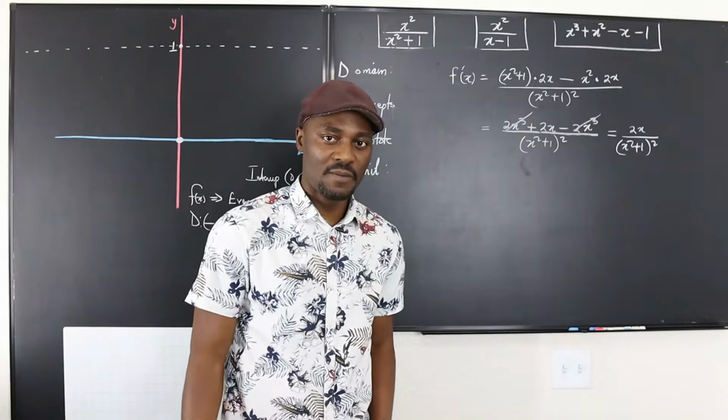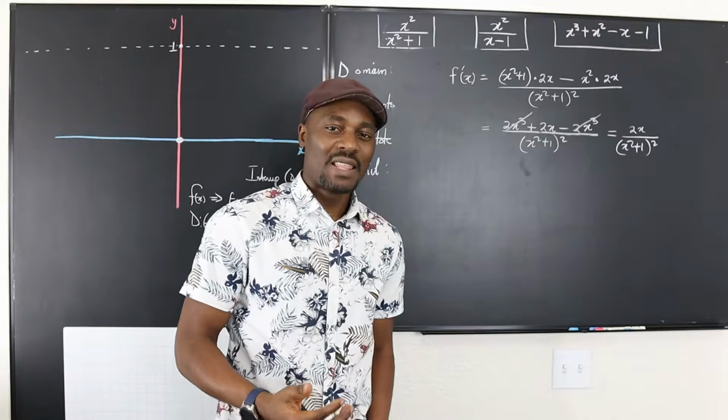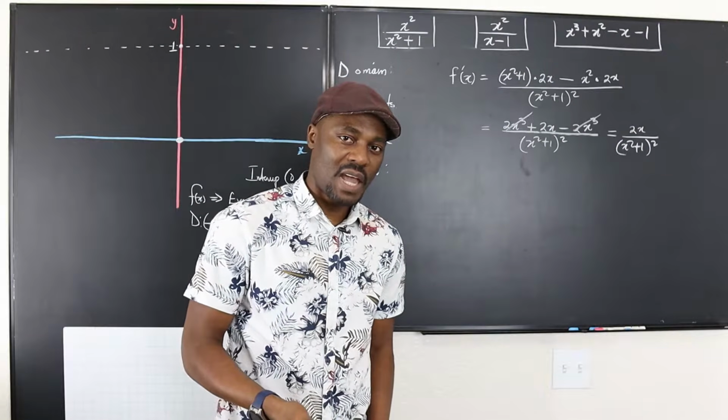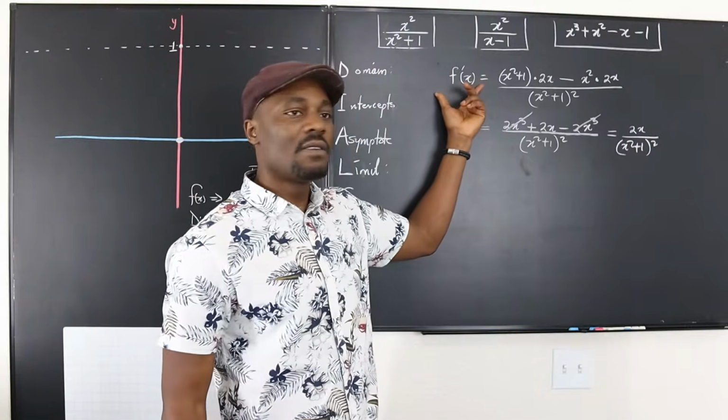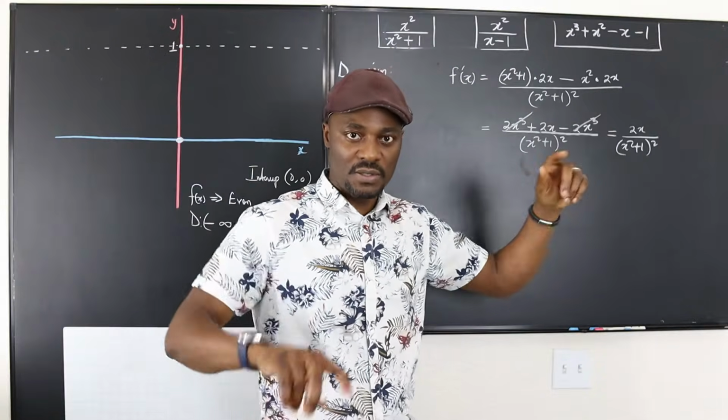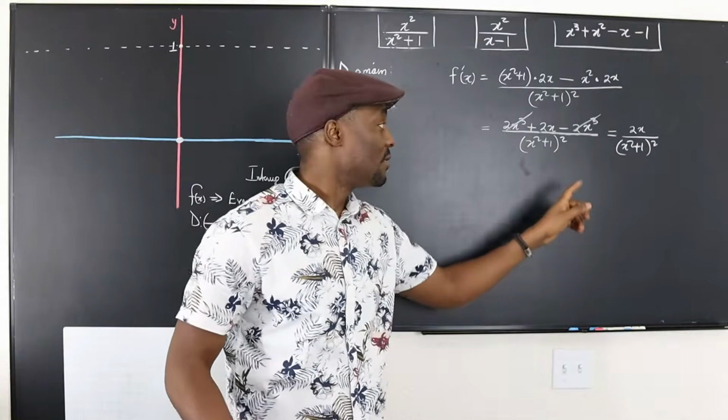So what do you do with this? Well, at the critical point, you know that the derivative of a function will be equal to 0 because the rate of change becomes 0 at that critical point.